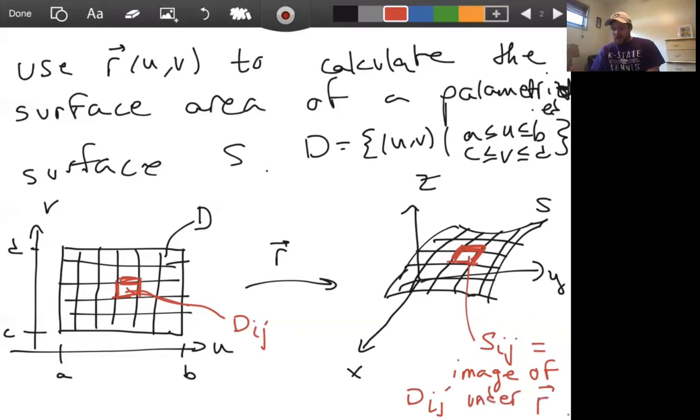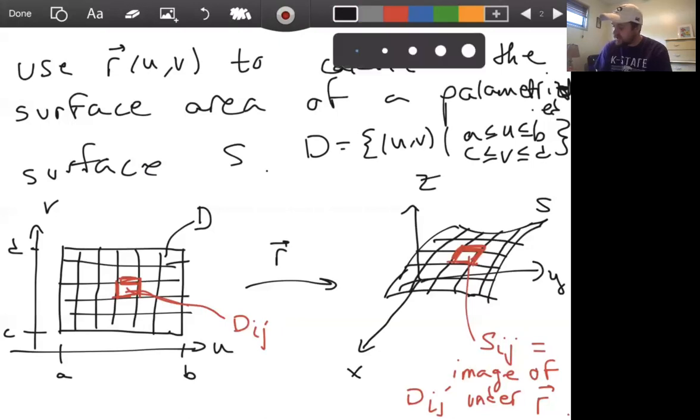And so in this way, we have a grid over our entire surface S. And what we can do now is try to approximate the area of each little subsection here. Then you sum it up, right? And then let the grid become arbitrarily fine, and we'll get the area this way. And so we need a few more background pieces here.